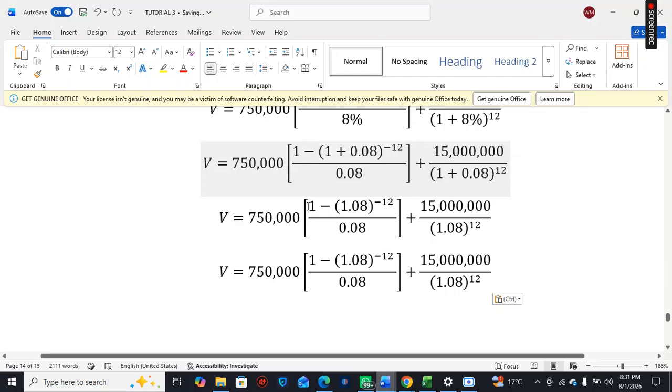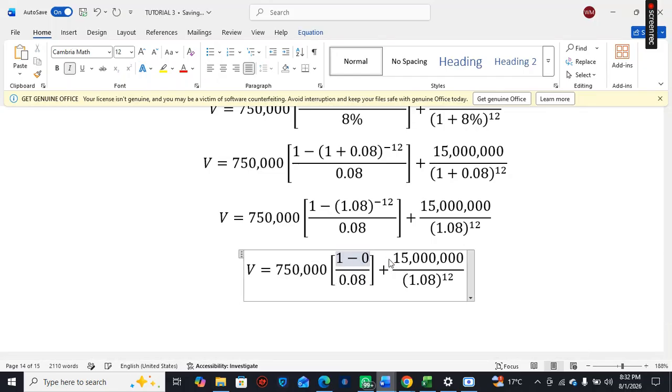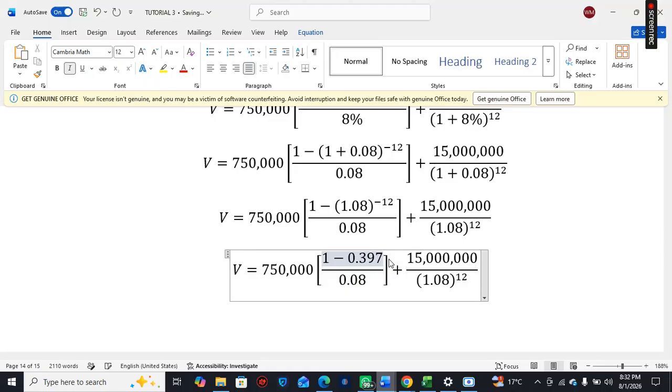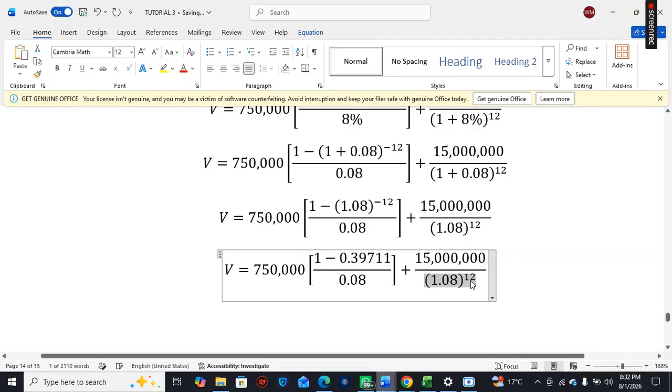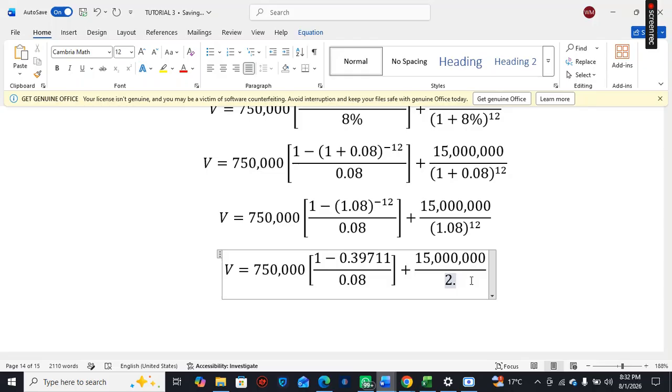Okay, so say 1.08 to the power -12. That is 0.39711. And on this side, 1.08 to the power 12, 2.518.